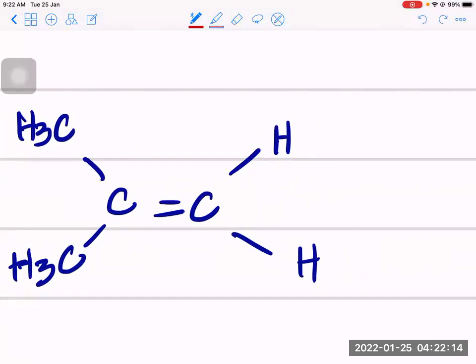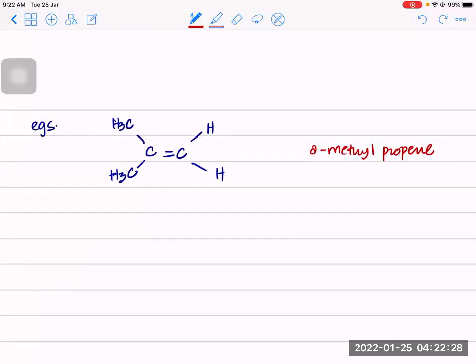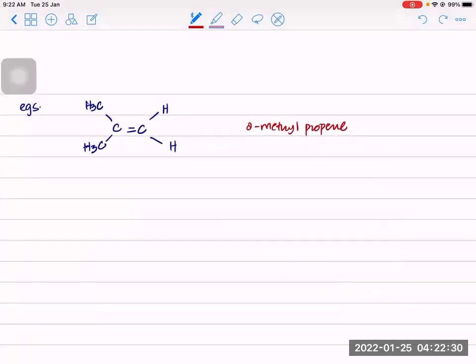Both carbons must have different atoms or groups attached to it. And since this does not fulfill both the criteria, this will not show cis-trans isomerism, right? So this does not show geometric isomerism. Is this clear?